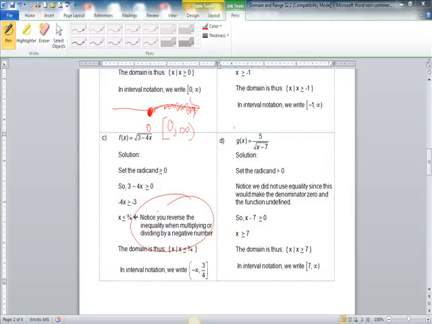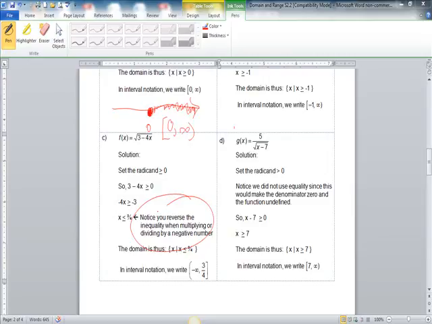But if I pick something that's not less than or equal to 3/4, like say 1, I'd get 3 minus 4, which is the square root of negative 1, which we all know is imaginary. So if you're a little unsure about whether you have the inequality symbol correct, pick a test point or two. See how it looks when you try to do the computation. Again, I wrote out the domain in both inequality and interval notation.